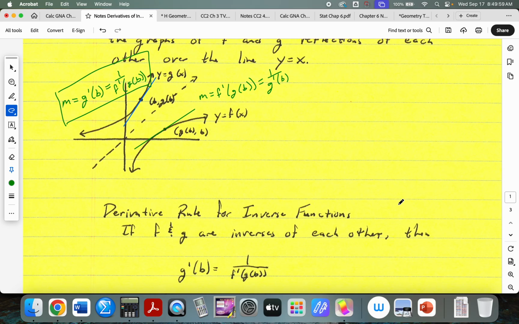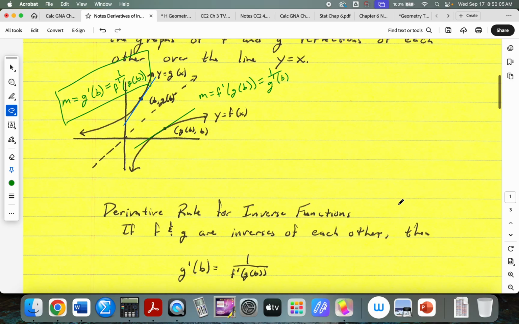It says that if f and g are inverses of each other, then g prime of b is equal to 1 over f prime of g of b. And you can get terribly, terribly mixed up in this.